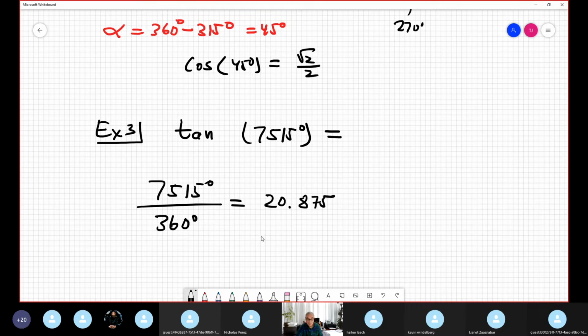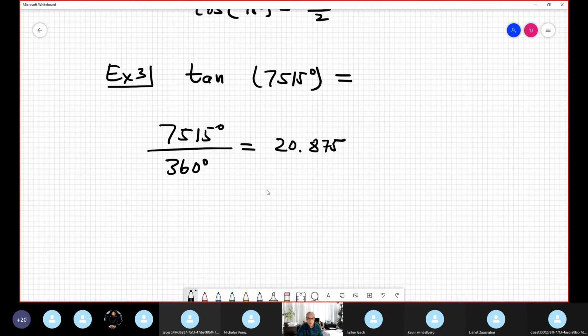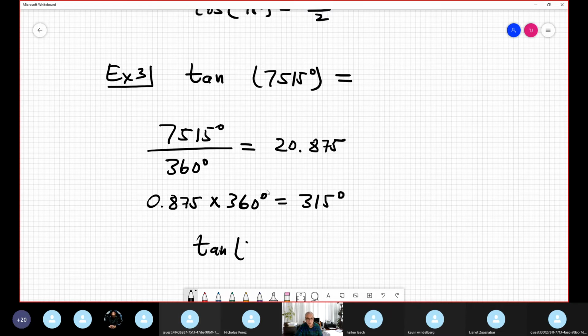The interpretation of this is we have 20 revolutions, and the 21st revolution just stops at one angle, the result of the decimal part multiplied by 360. And the answer is 315. Okay, entonces tangent, this 7,000 something degrees is equivalent to tangent 315 degrees.